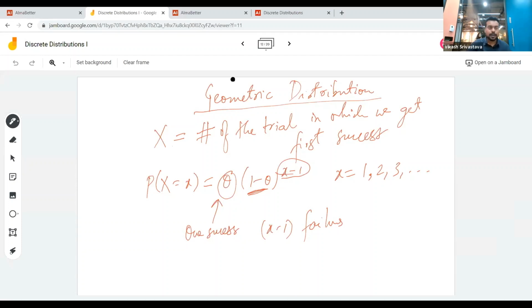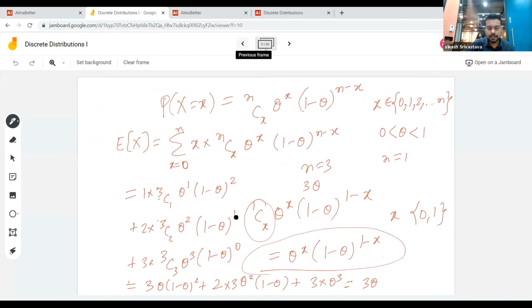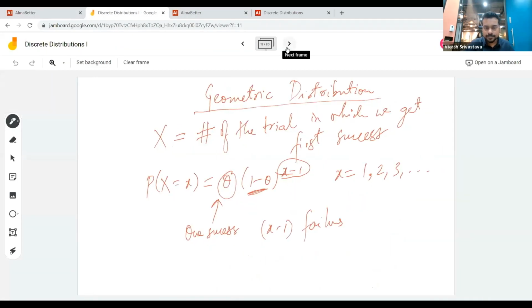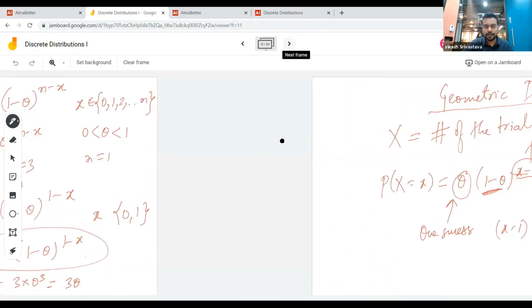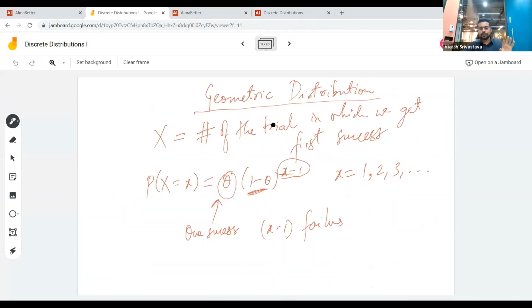Remember, earlier we had the case of binomial, so you can try to compare your binomial and geometric in this case. In the case of binomial we're concerned about x number of successes, but in the case of geometric we're concerned about only one single success.